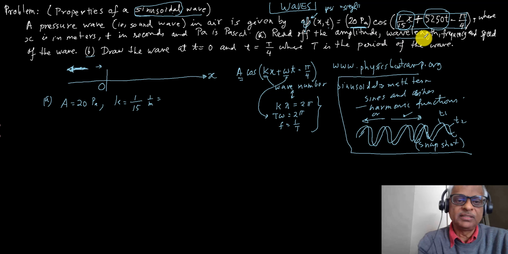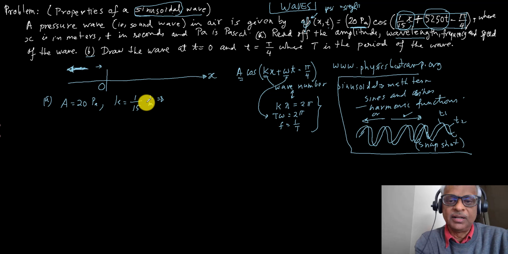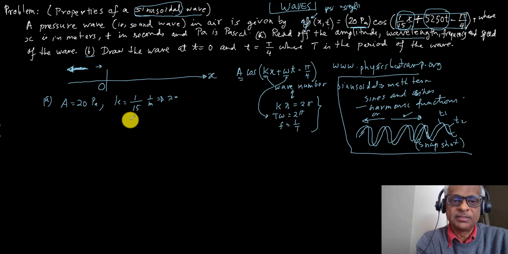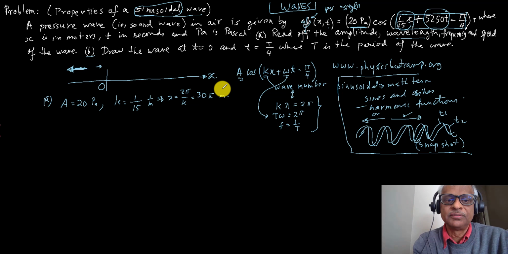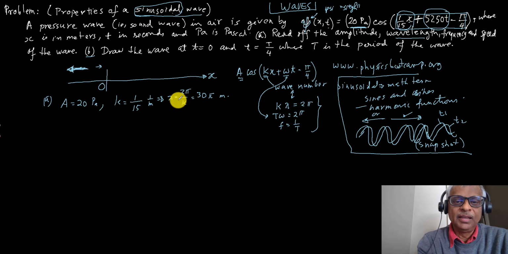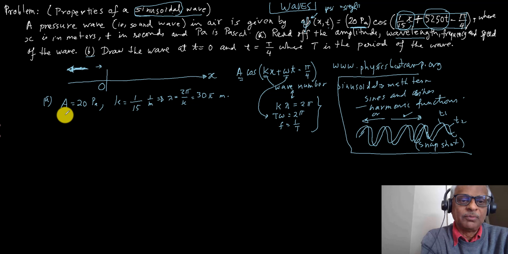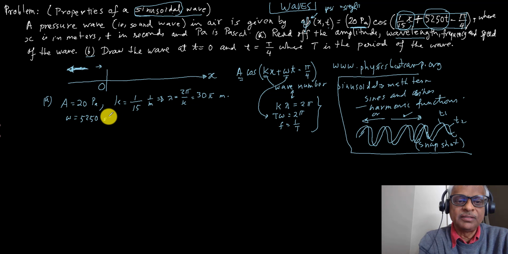To get the wavelength, lambda is 2 pi over k, and k is 1 over 15, so this is 30 times pi meter. It's a pretty long wavelength. And omega is 5250 per second.